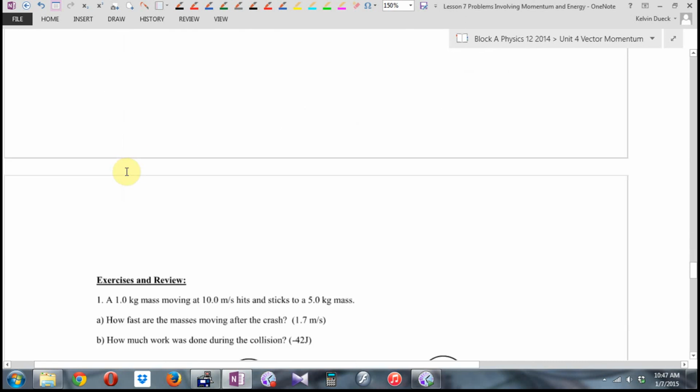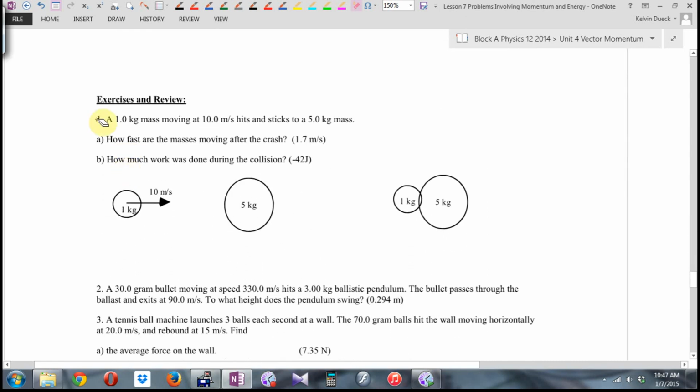Homework. Number 1. What's 1B asking me to find? Work. I think after you do the collision, work is going to be the change in potential, 0, plus the change in kinetic.